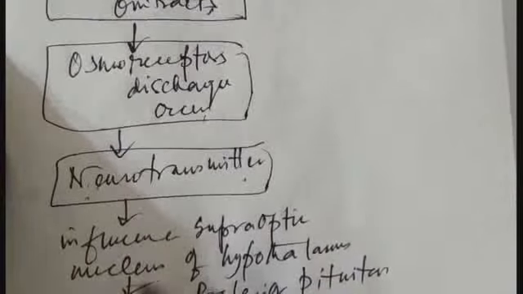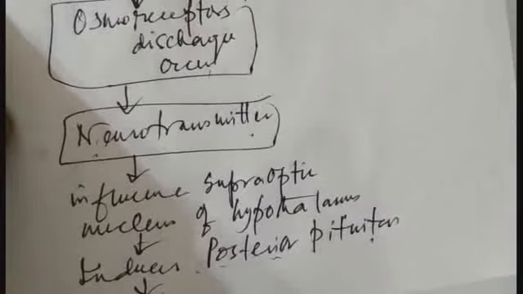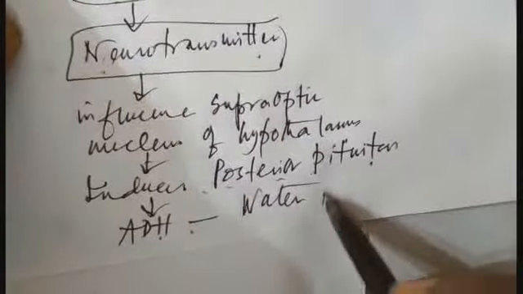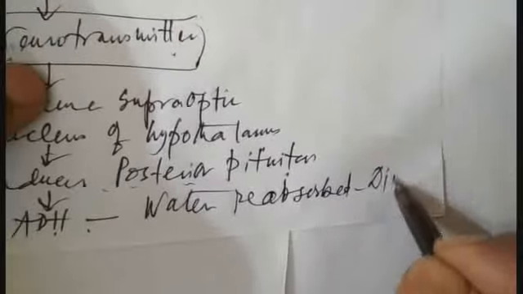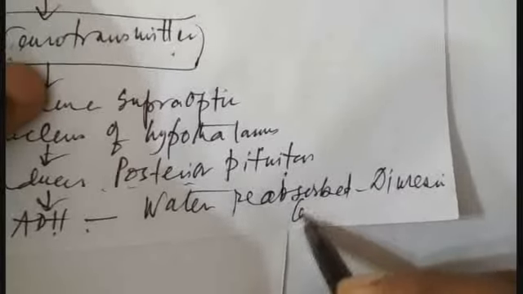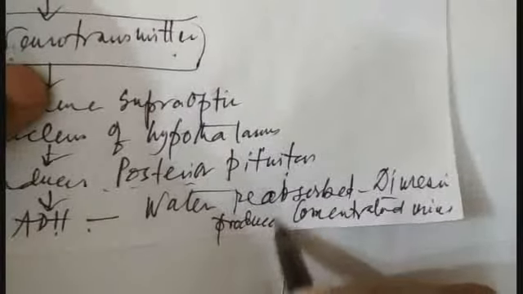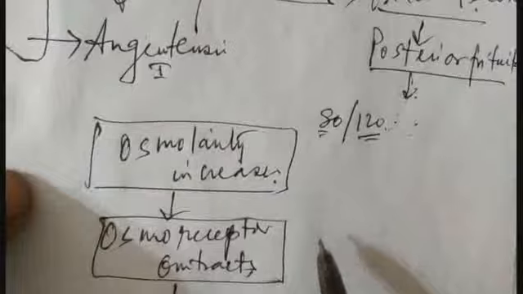Osmoreceptor contracts, discharge occurs, which stimulates neurotransmitter, influences the supraoptic nucleus of the hypothalamus, which induces the posterior pituitary, ADH is secreted, water is reabsorbed, which is called diuresis. So concentrated urine is produced. So again, body fluid concentration is lower than the previous.